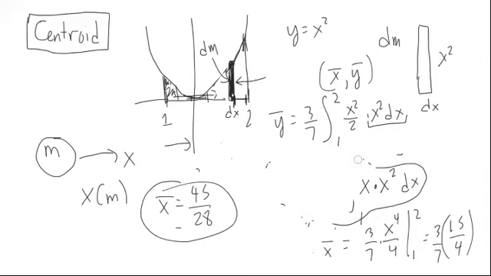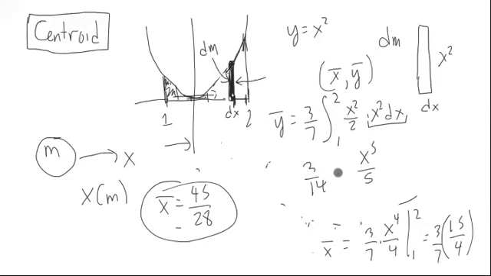So let's compute y bar. So this is x to the 4th, so integrated to x to the 5th over 5, and we have 3 over 14 times that, and then we go from 1 to 2, and so that would be 32/5 minus 1/5, so 31/5.